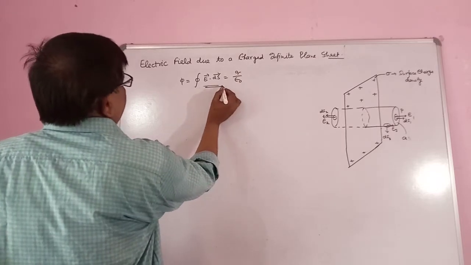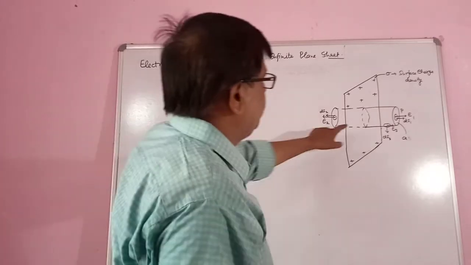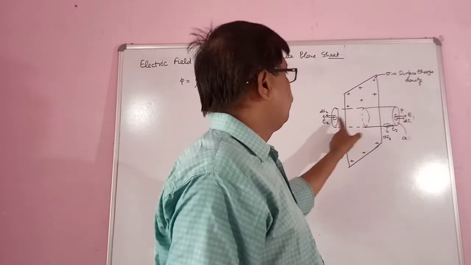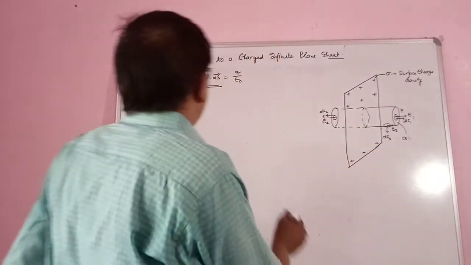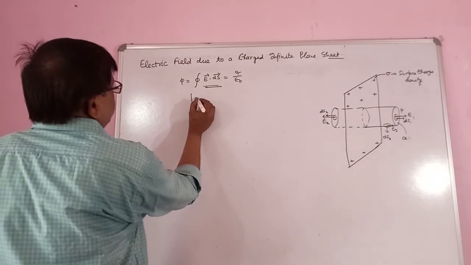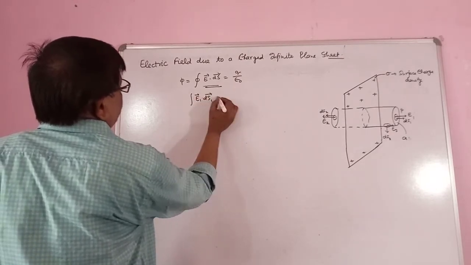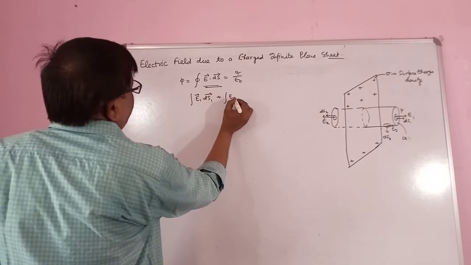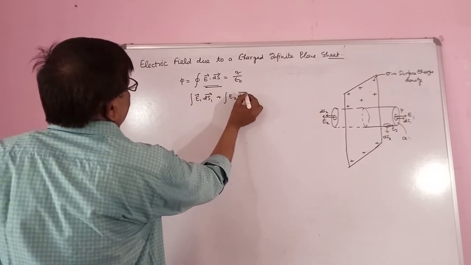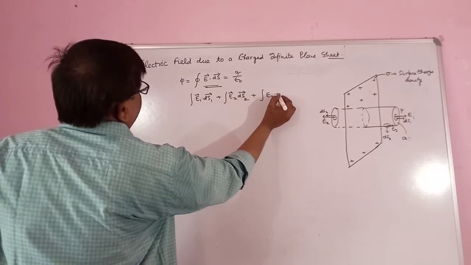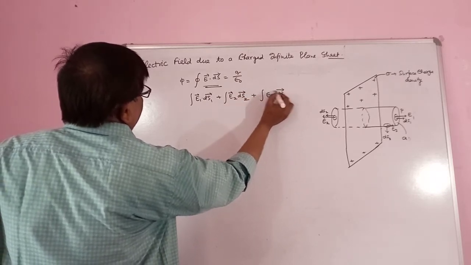So this is closed integration. Here we have three surfaces of this closed surface: top, bottom and curved surface. So we divide it into three parts: E1 ds1 plus E2 ds2 plus E3 ds3.